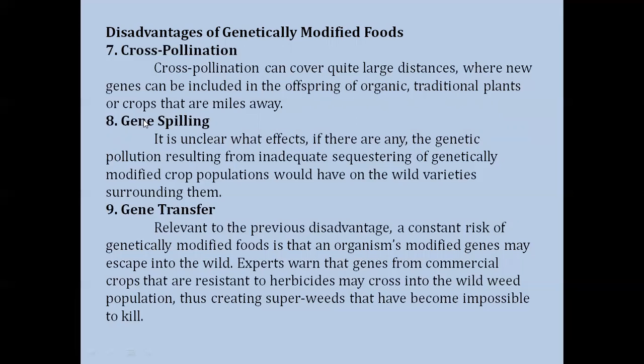Gene splicing can also happen, because it is unclear what effects genetic pollution, resulting from inadequate sequestering of genetically modified crop populations, would have on the wild varieties surrounding them. Gene splicing means, suppose you have inserted genes, those genes may have some effect in splicing the other genes.